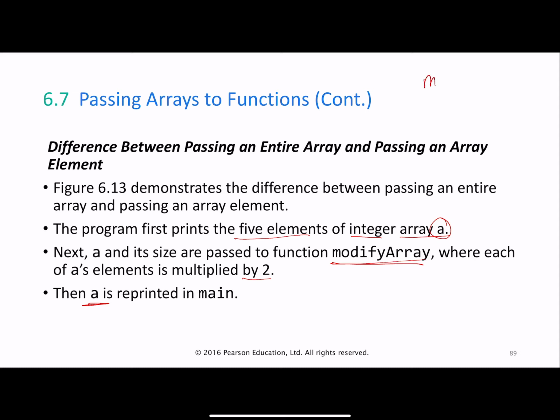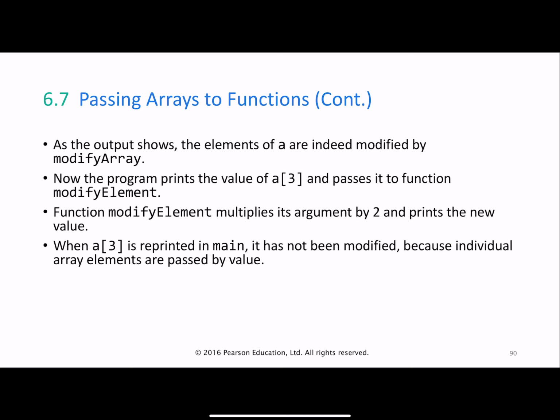So main will pass array a by reference to function modify array. It will multiply every element by 2, which will be seen back in the main function. And after doing that, we'll also create another function called modify element. And this function will be given as argument only element a3.